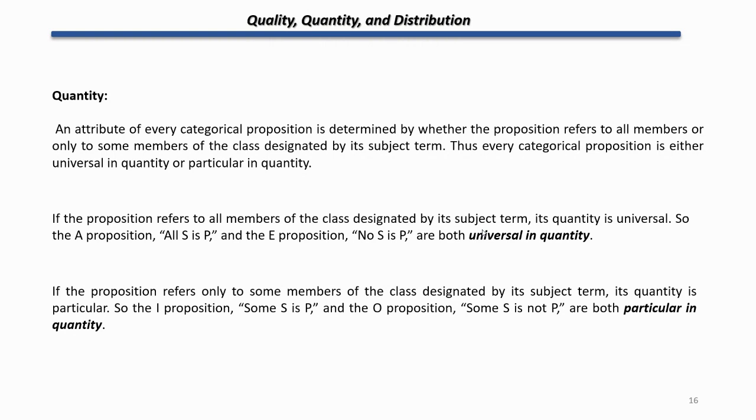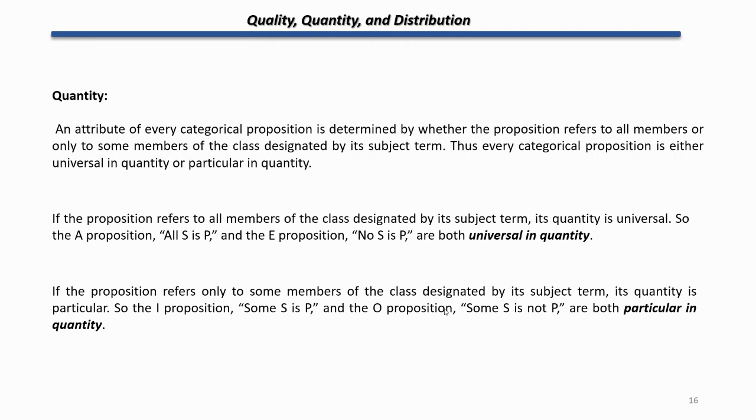If the proposition refers to all members, it is universal. If some members, it is particular. So the A proposition, All S is P, and E, No S is P, are both universal in quantity. In a similar way, I and O are both particular in quantity.